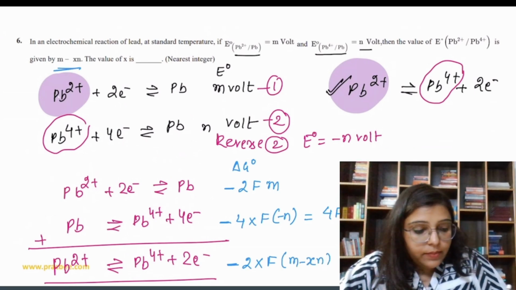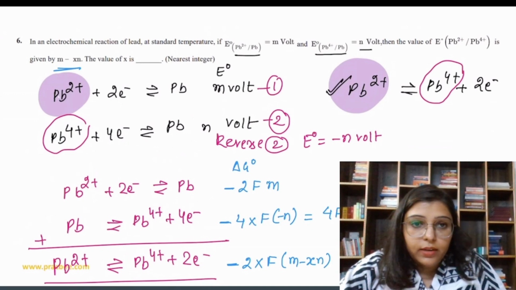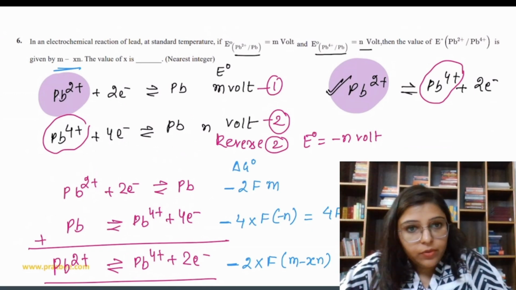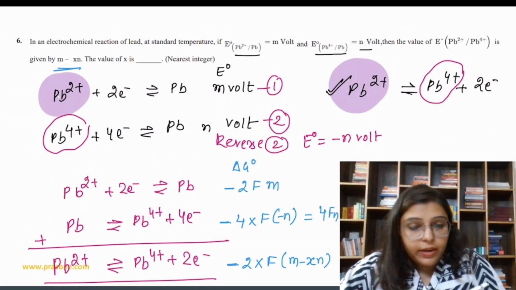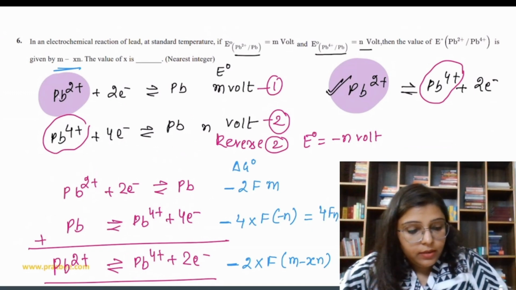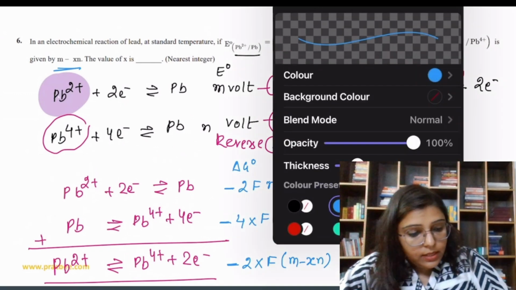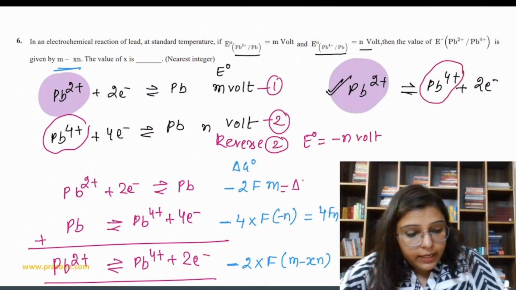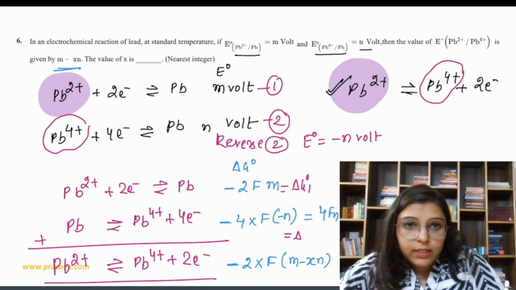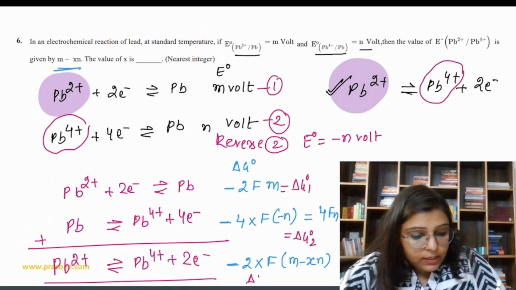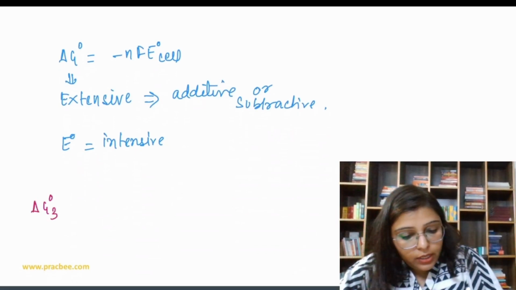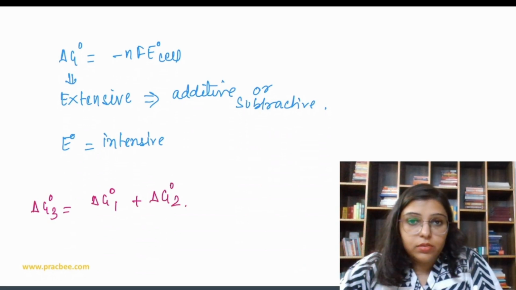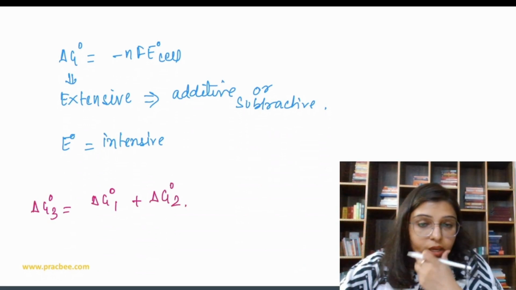So this is delta G naught 1, this is delta G naught 2, and this is delta G naught 3. We can say delta G naught 3 is equal to delta G naught 1 plus delta G naught 2, because we have added equation number 1 and 2.